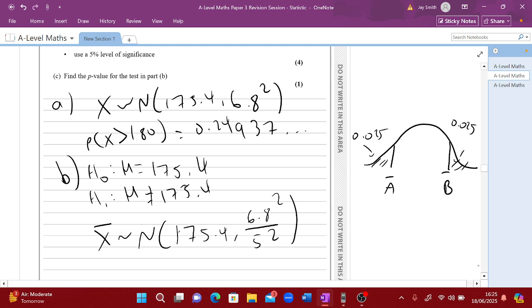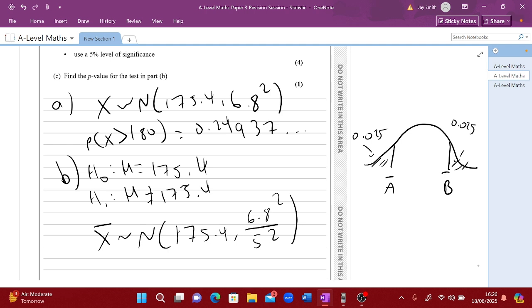What is the probability of the mean in the sample being small enough, A, such that the probability before it is 0.025 or lower?